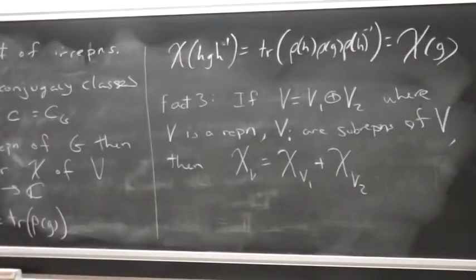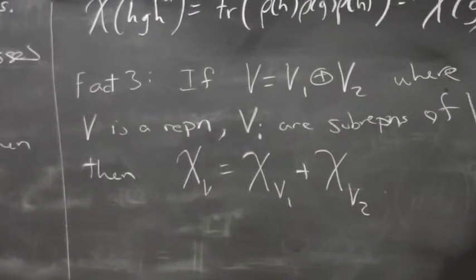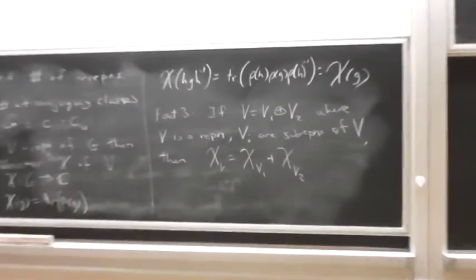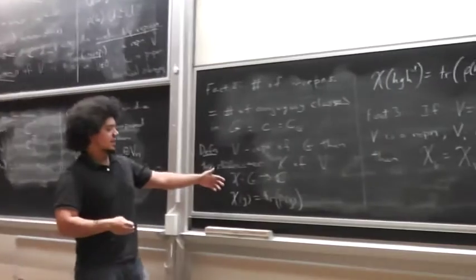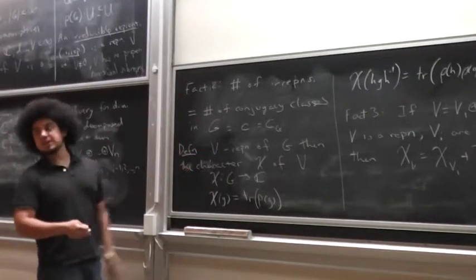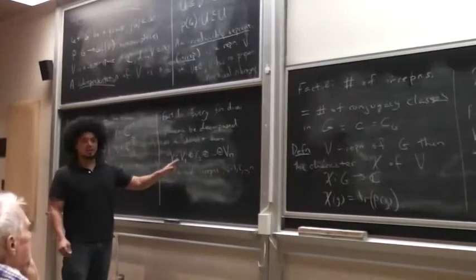So that means not only can we reduce the problem of understanding representations, boiling it down rather, to the irreducible representations, but if we want to understand the characters of representations, we only need the representations corresponding to the irreducible ones.